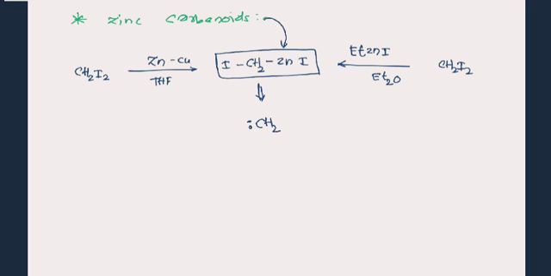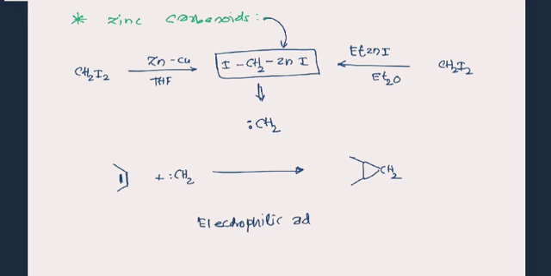You know that this carbene is going to add to a simple double bond. This CH2, coming from the above reaction, is going to do the cyclopropanation. So cyclopropanation of the double bond takes place, and this is an example of an electrophilic addition reaction.